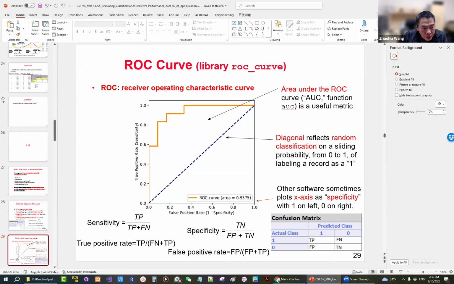The meaning of the receiver operating characteristic curve is that we have this chart to describe the relationship between two values: the false positive rate and the true positive rate. According to the calculated results, we have this plot.